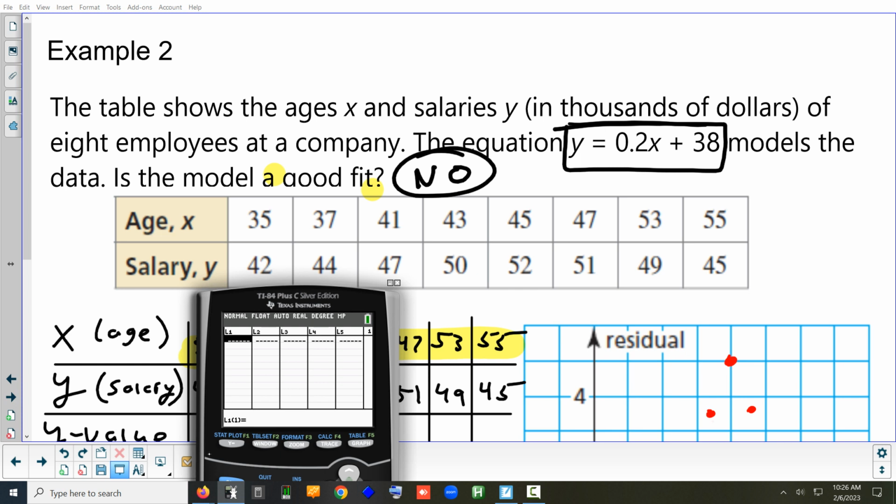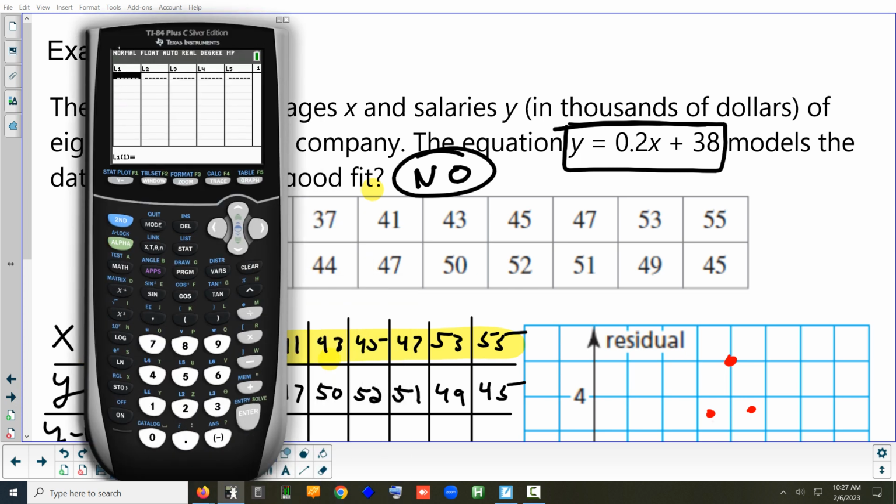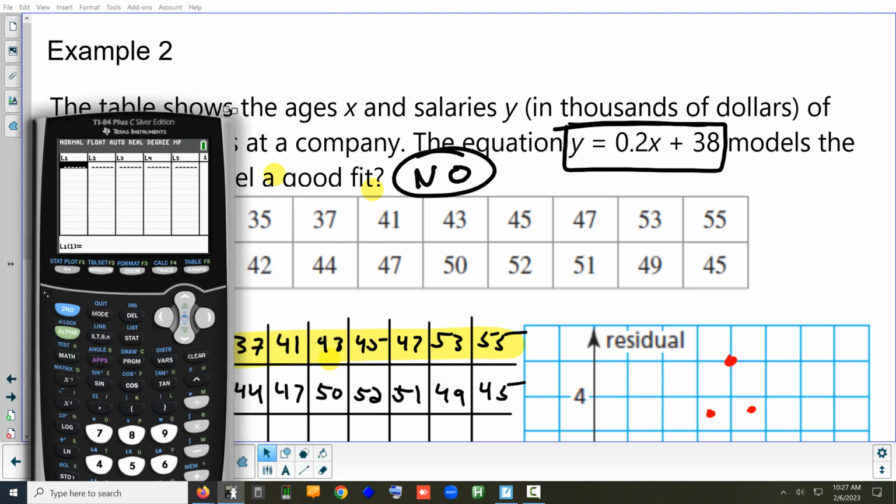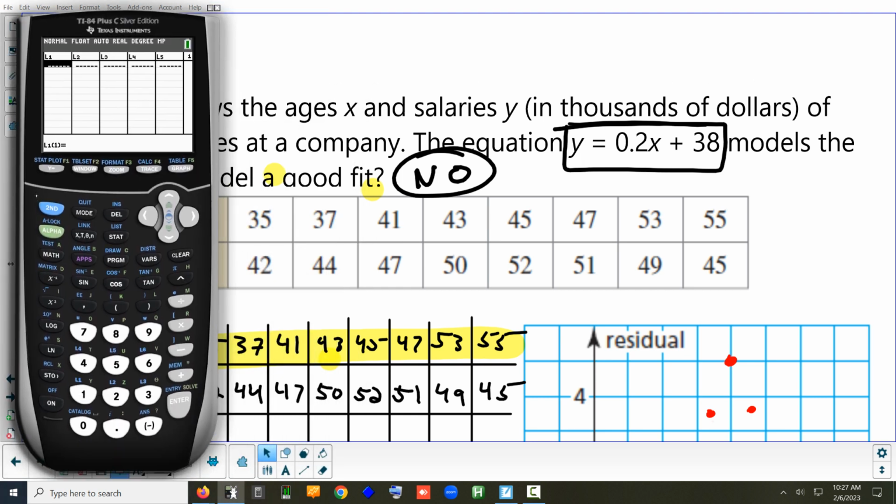The first thing we do is we put in all the x values into this calculator. And the way we're going to type them in is just like this. 35, and then we hit Enter. And we do it for all of them. 37, 41.